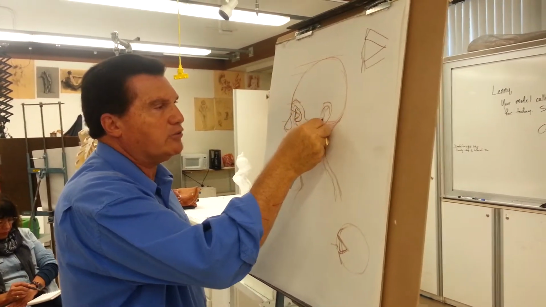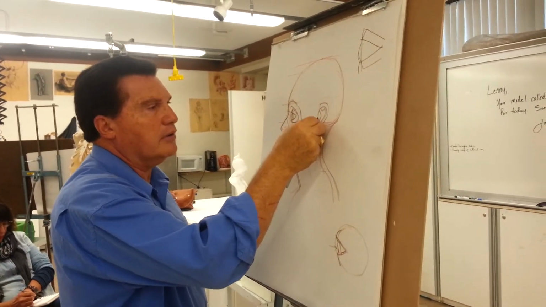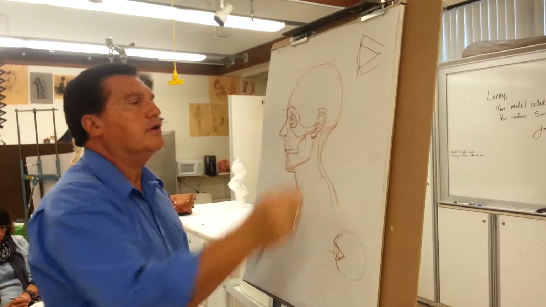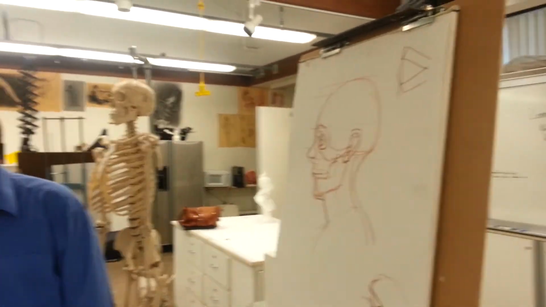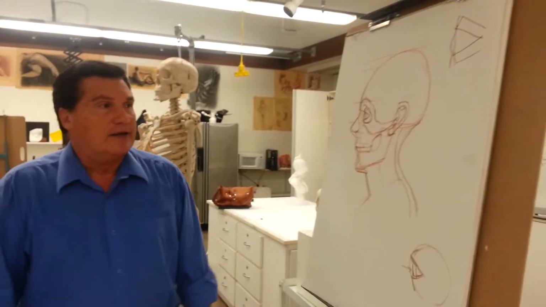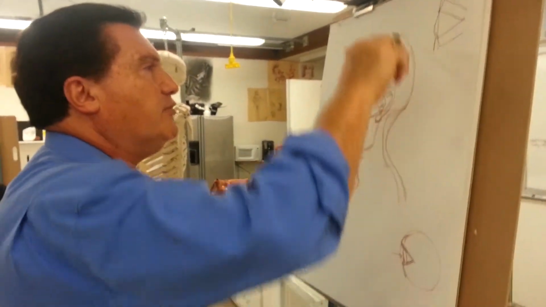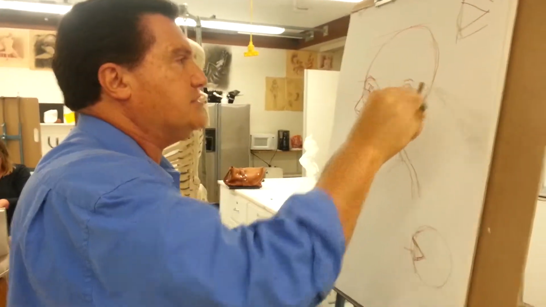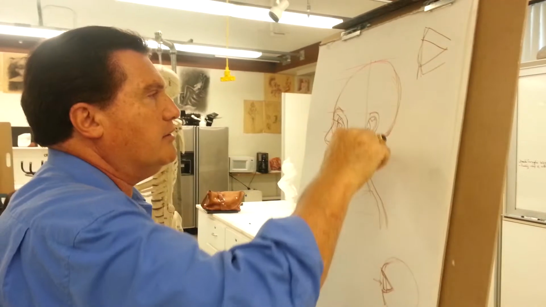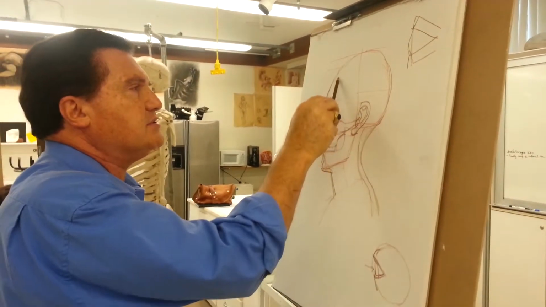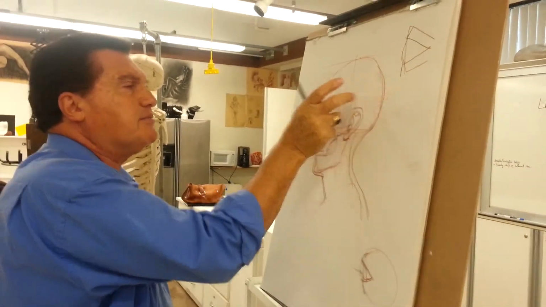And we'll talk about the Y later. So the ear fits in there. Now, when you really look at this, if you see this and you're looking at it in terms of distance, okay, this is approximately half.